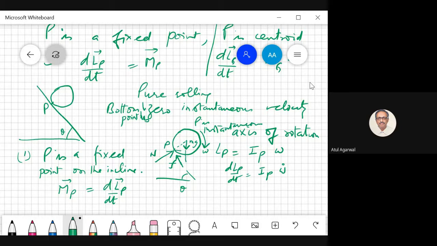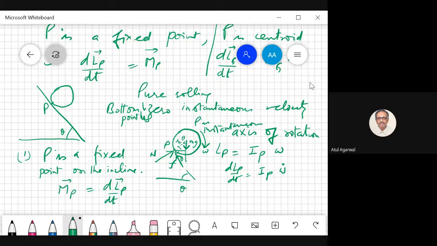So what is this distance? This angle is theta, so this is theta, and this becomes 90 minus theta, so this becomes theta. What is the distance from point P to the line of action of the gravitational force, measured perpendicular to it? If the circle radius is r, this distance becomes r sine theta.